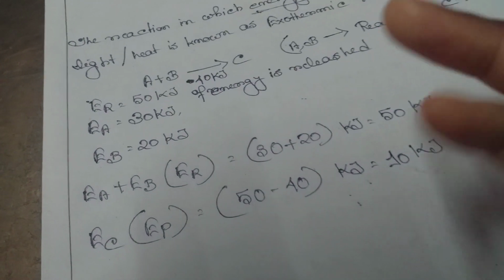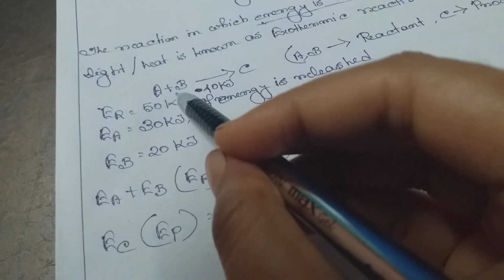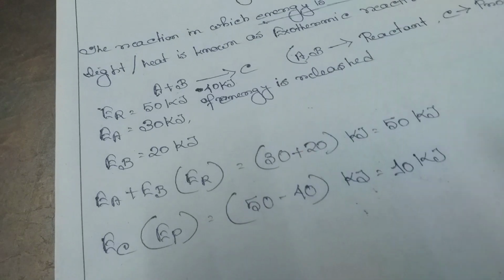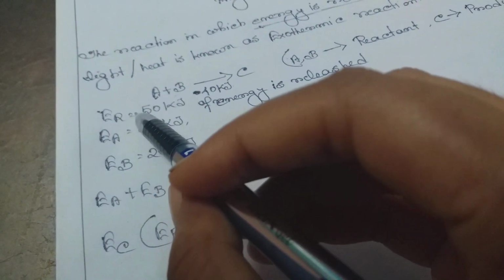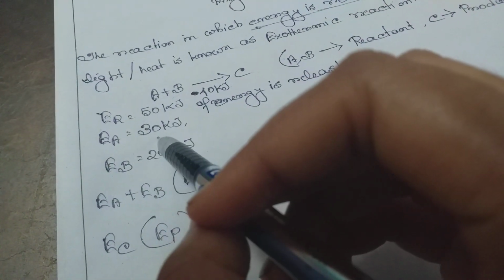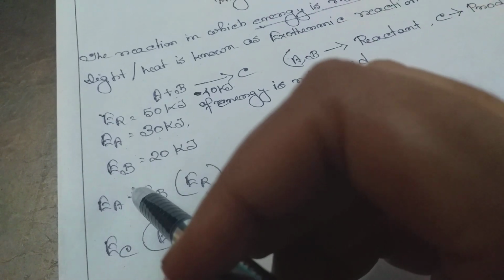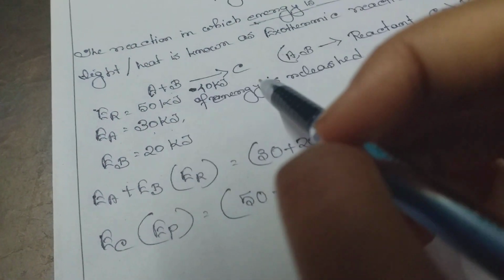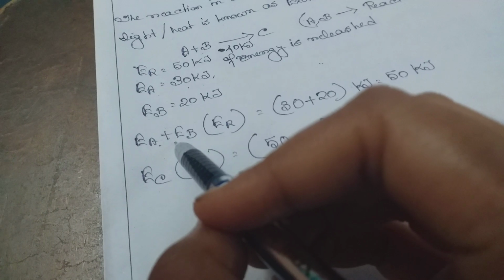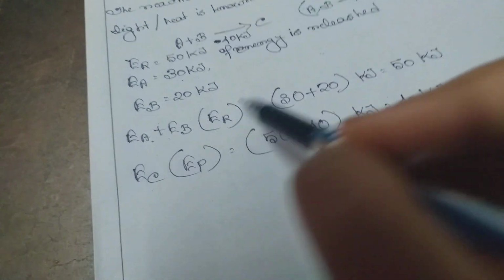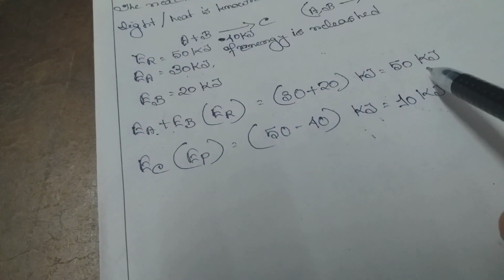I consider the reaction in which A and B react to give the product C, where the energy of A is 30 kilojoule and energy of B is 20 kilojoule. So total energy of reactant is equal to 50 kilojoule.